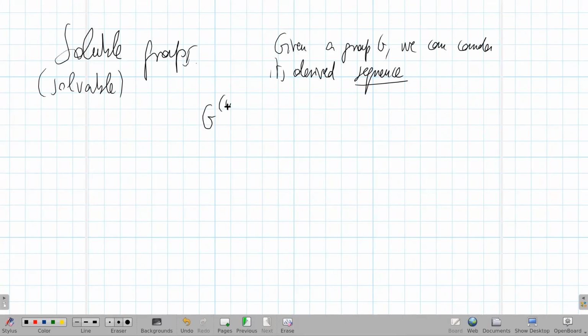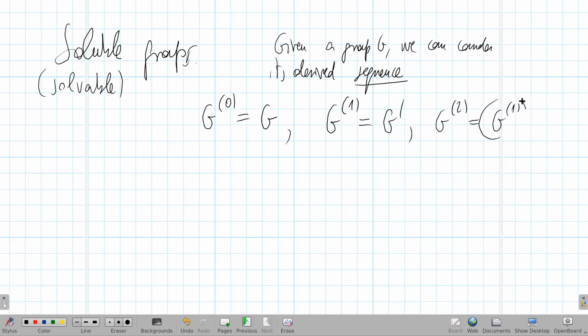We start with G to the naught. The first term is G. So G to the naught among parentheses. Then G to 1, between parentheses, is nothing else but G prime, okay? The derived subgroup. What's the next? G2 is the derived subgroup of G1, which was G prime. And in general, G i plus 1 will be the derived subgroup of G i.